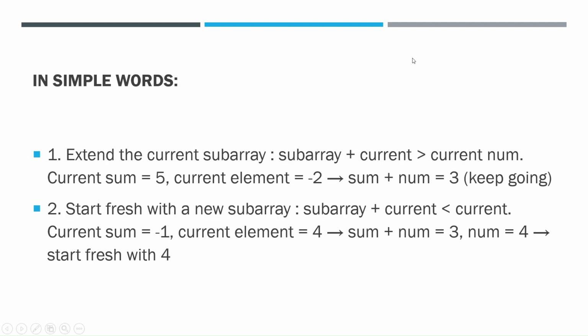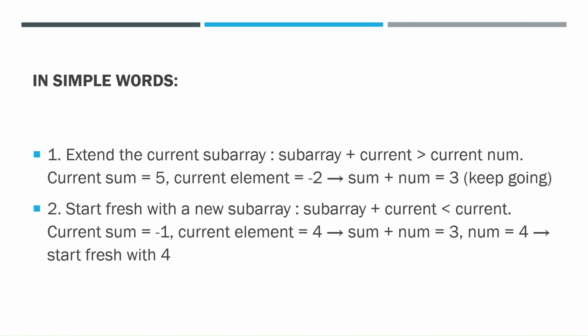I am going to give you, in simple words, what I'm trying to explain. Either we extend the current sub-array, in which we take the sub-array and add the current element to it as well. If it's greater than the current element, we are keeping the array and extending it. So you can see that in the example as well.